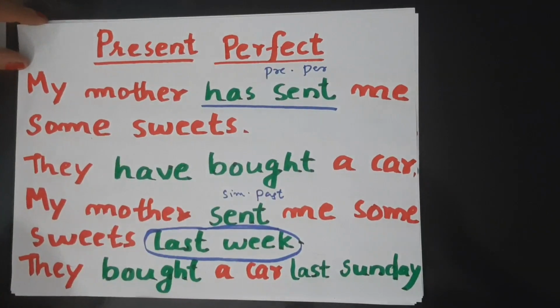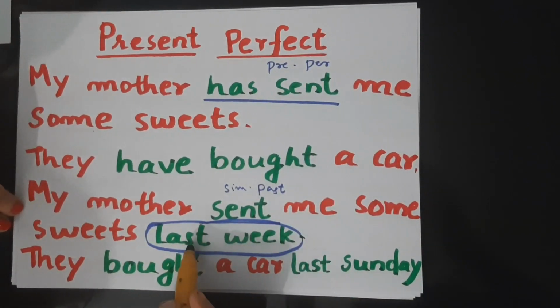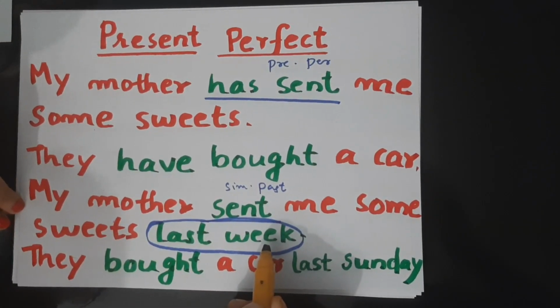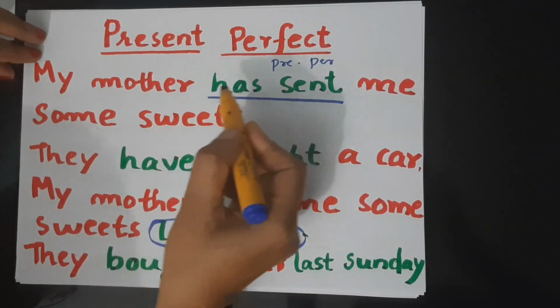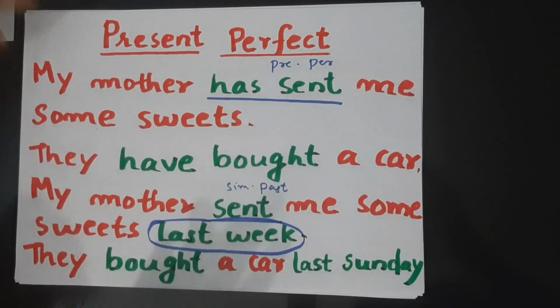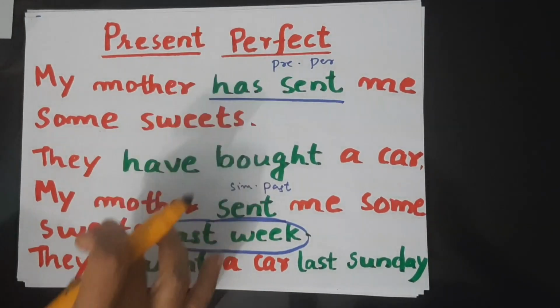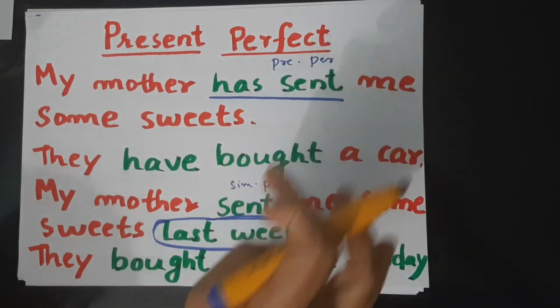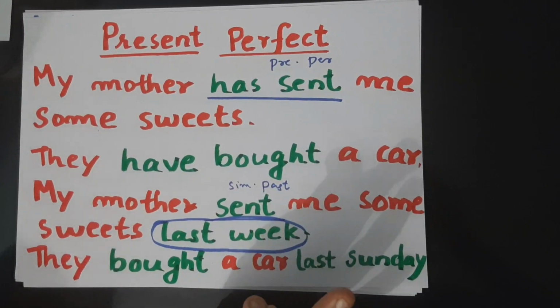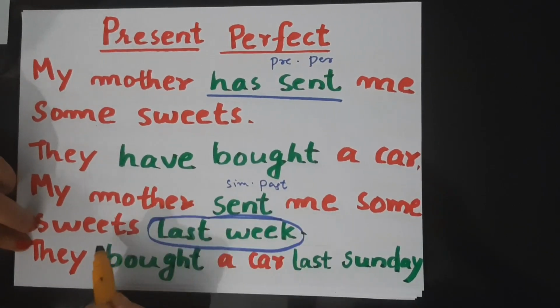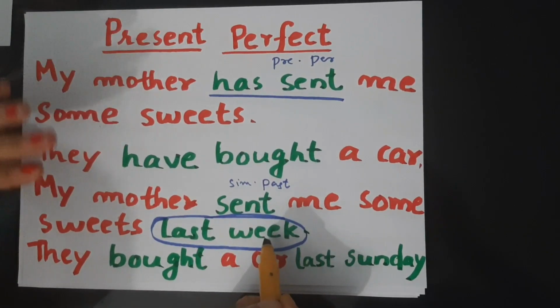But in this sentence, I didn't use the point of time last week. I didn't use it, so you can use present perfect here. So that's the difference. Okay. Same sentences in a different way. Here it is present perfect. Here it is simple past. When you use simple past, you have to refer to that point of time also.